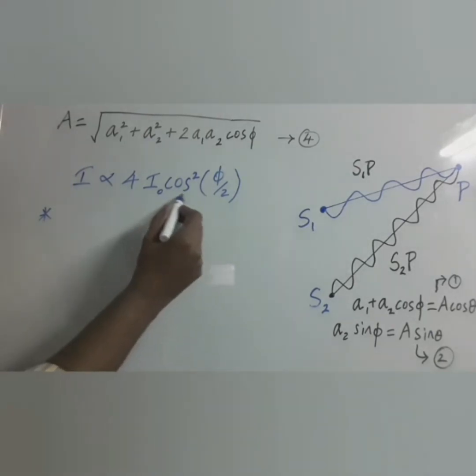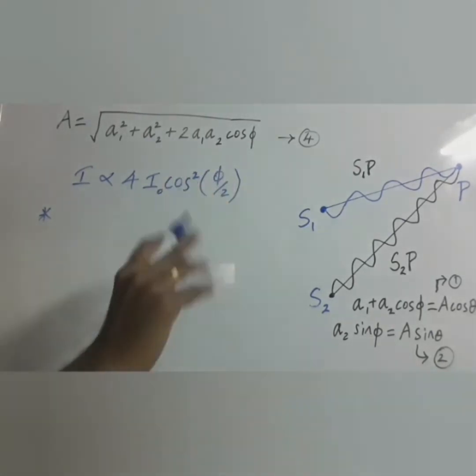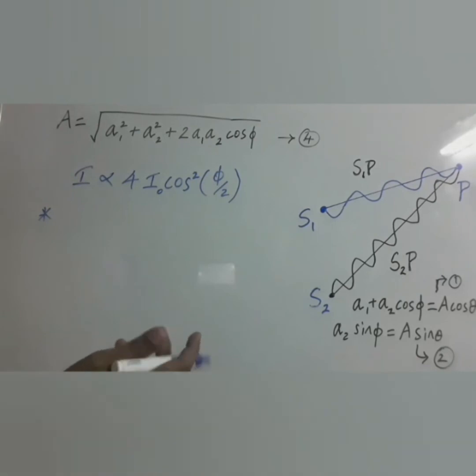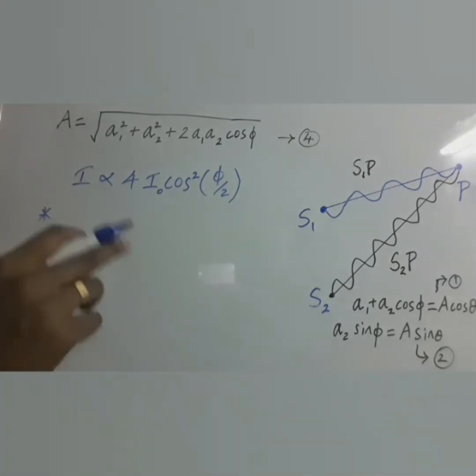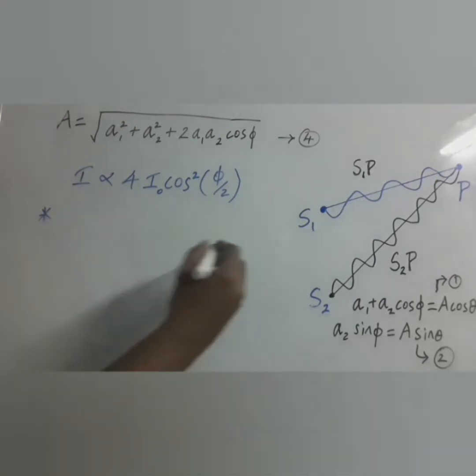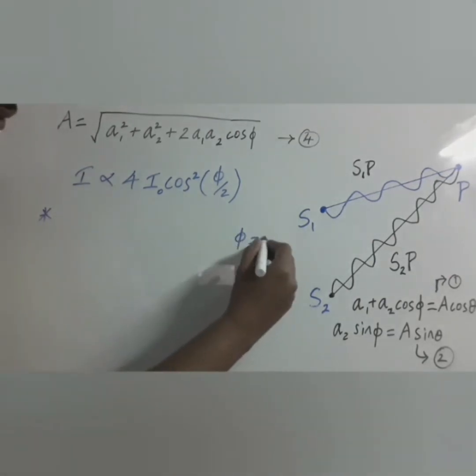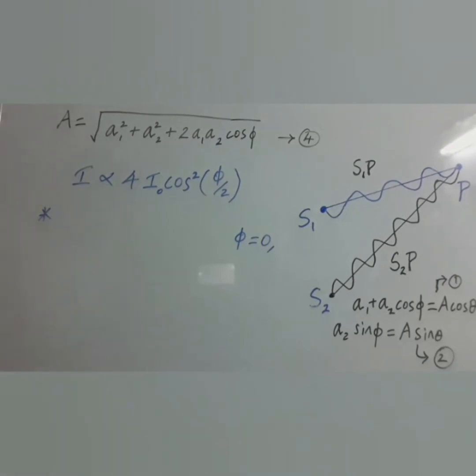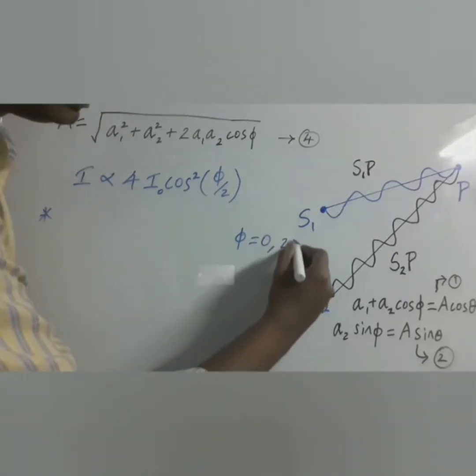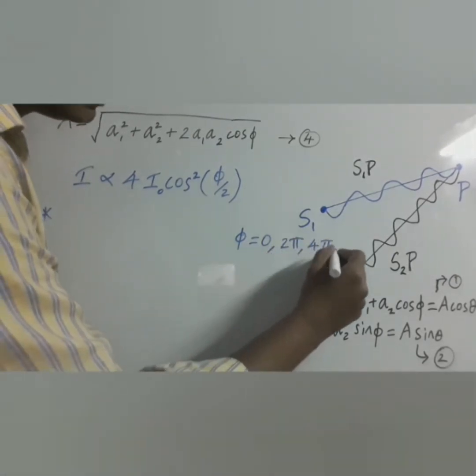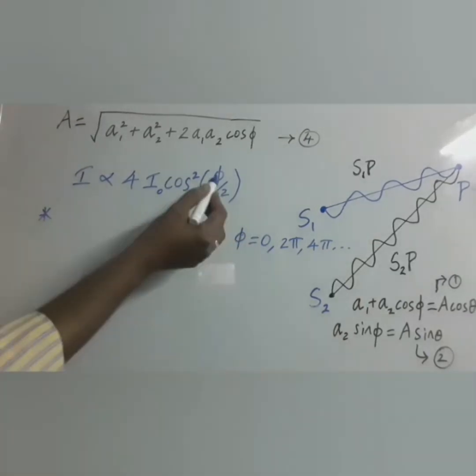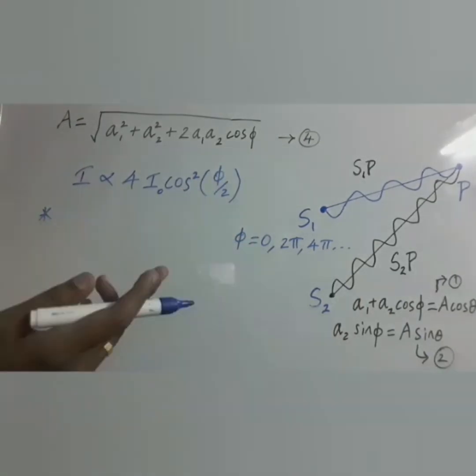For the maximum value, cos square phi by 2 should be equal to 1. When cos square is equal to 1, phi by 2 should be equal to 0. So phi can be equal to 0, and the next values can be 2 pi, 4 pi, etc. You can substitute 0 here, the entire value will be equal to 1.